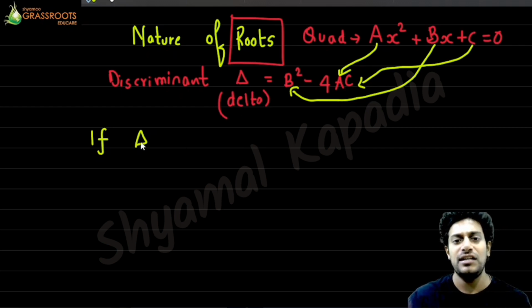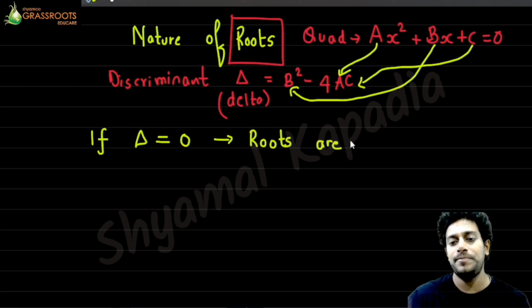Now we have a small concept that अगर ये delta का answer, delta मतलब b square minus 4ac, if this answer is equal to 0 after solving, अगर answer 0 आया, we will say that the roots are real and equal.